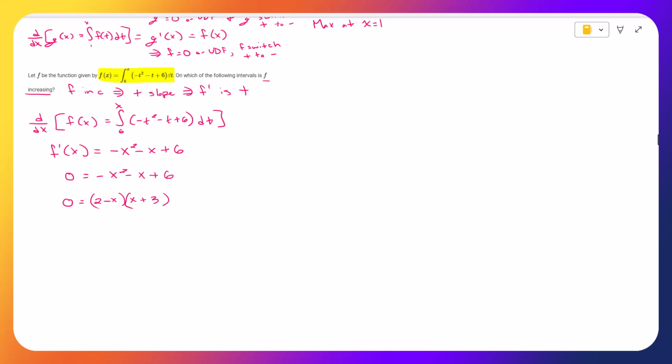If you want to, you can even factor out a negative. So we can even say this is x minus 2, x plus 3. That should be the same thing, if I'm correct.